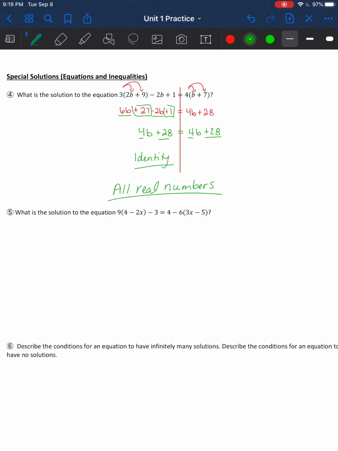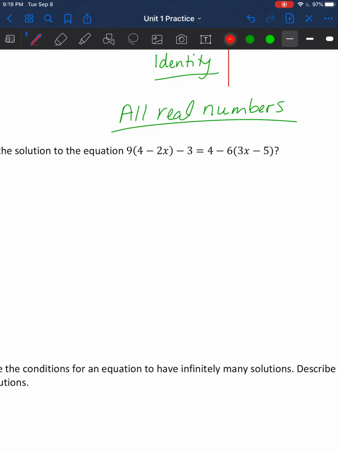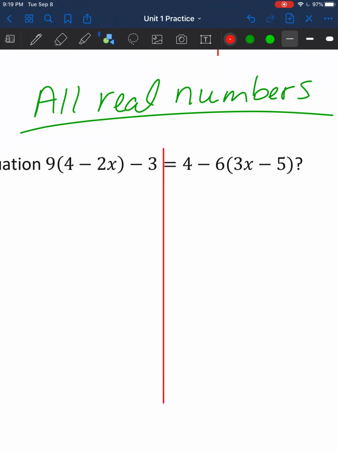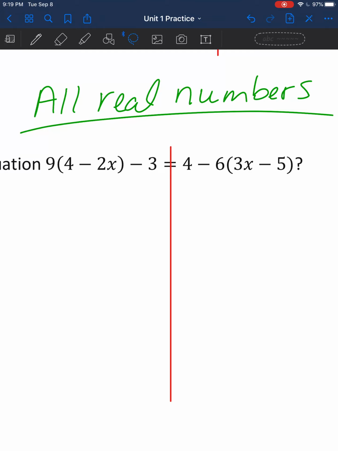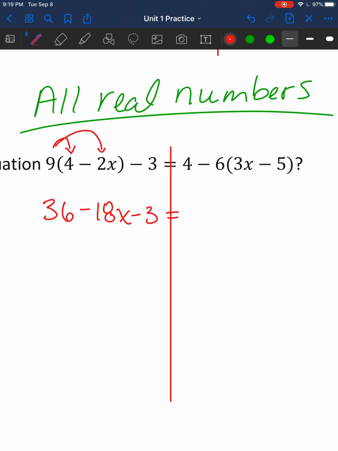Let's look at 5. I'm going to draw the river and look to distribute. 9 times 4 and 9 times negative 2 makes 36 minus 18x. Bring down minus 3. We're distributing the negative 6 here, so this is going to be 4.